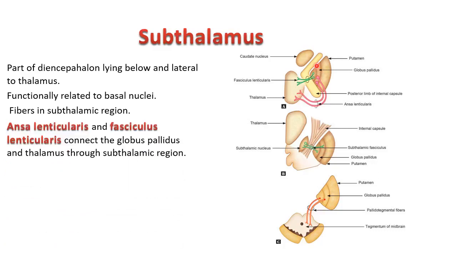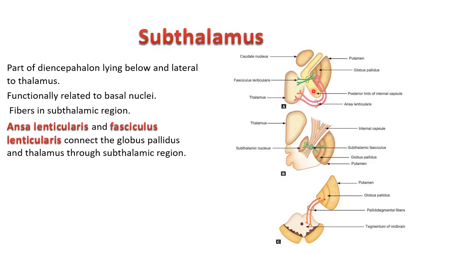So they connect the globus pallidus and the thalamus through the subthalamic region. Okay, so that is the ansa lenticularis, and the other one is the fasciculus lenticularis. Okay, they form actually the thalamic fasciculus.